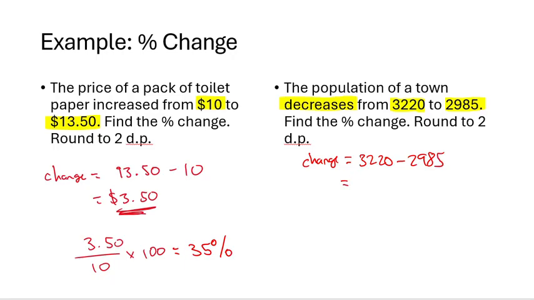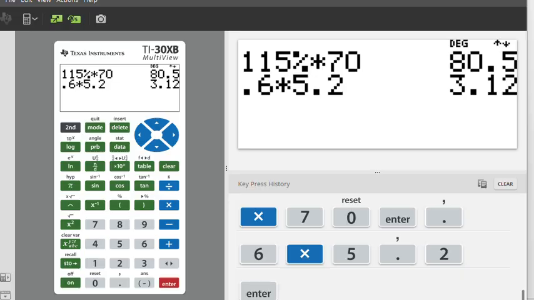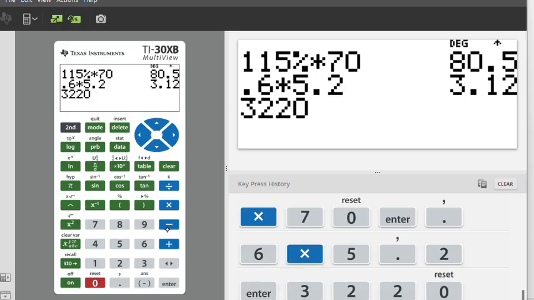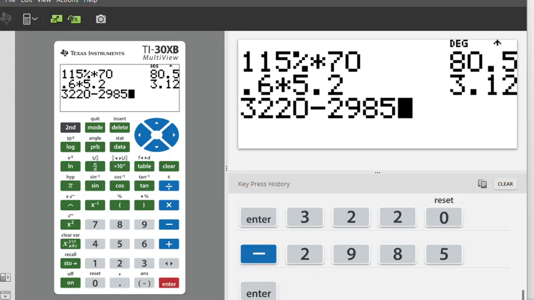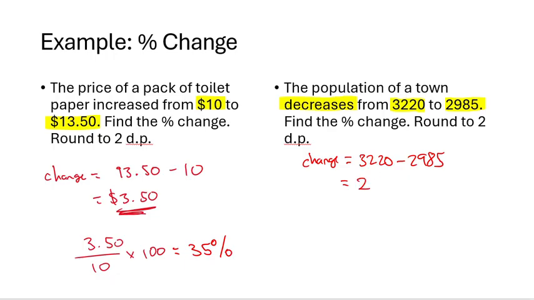If you type that in your calculator, you'll get 235. And then you just do your percentage change. So 235 over the original amount, which is 3,220, times this by 100.